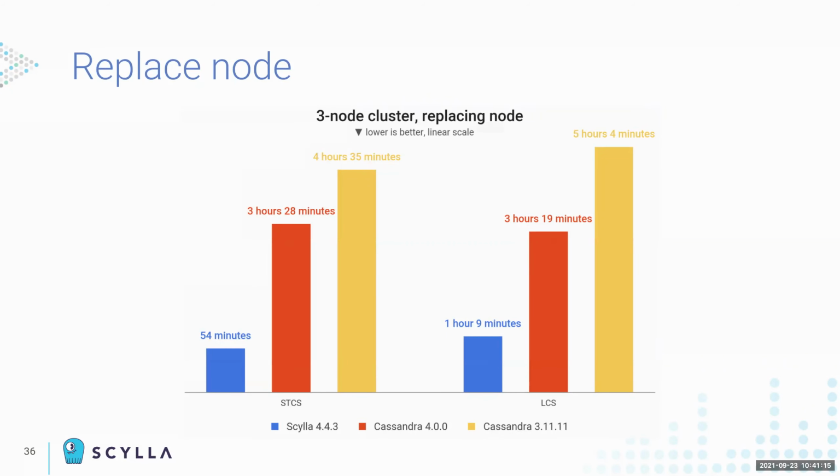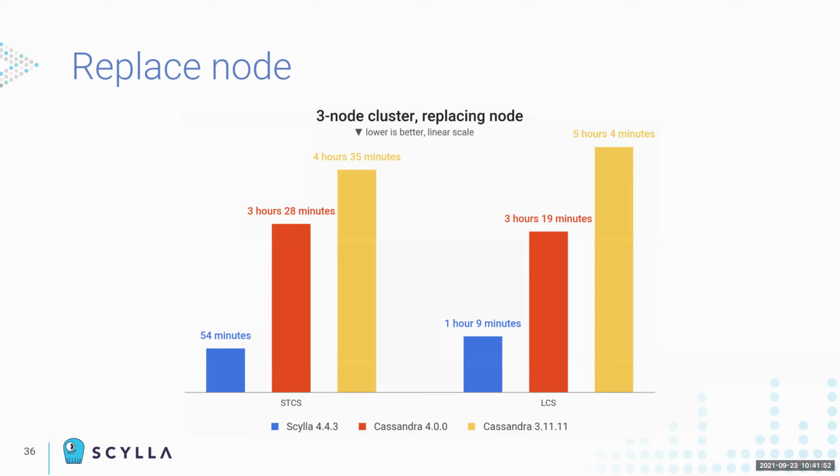Can you go to the next slide? Okay. So replacing a node is an operation which, as Piotr has mentioned before, should also be fast. It is possible you will be doing it when the node breaks, so you can be pretty much in a hurry to maintain your service and not let it go down. So you need to be able to replace a node fast to be able to continuously handle load.